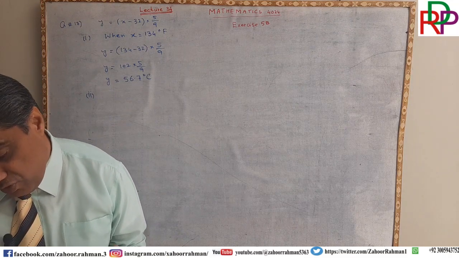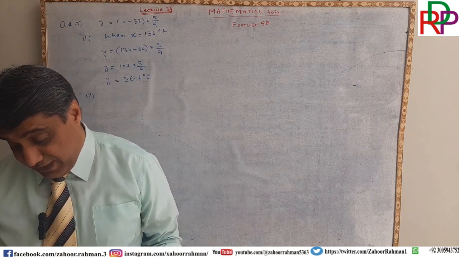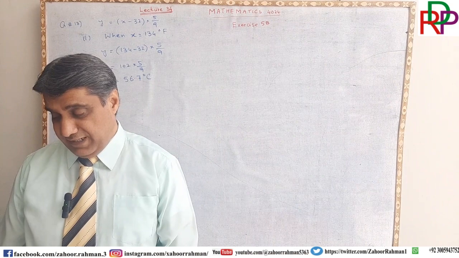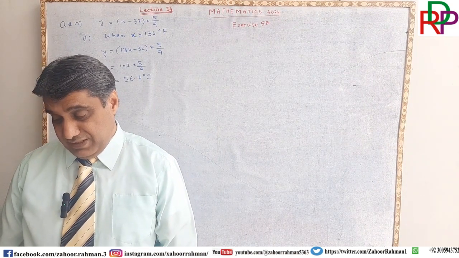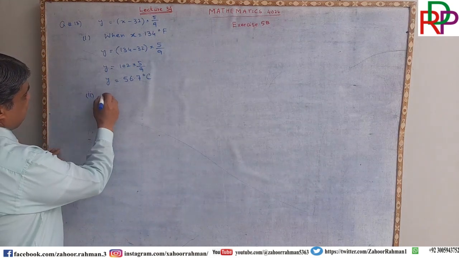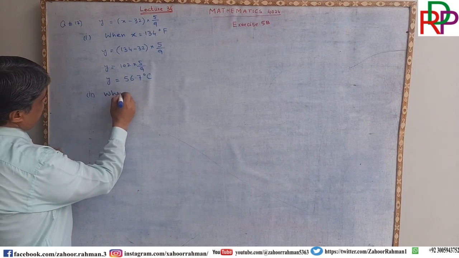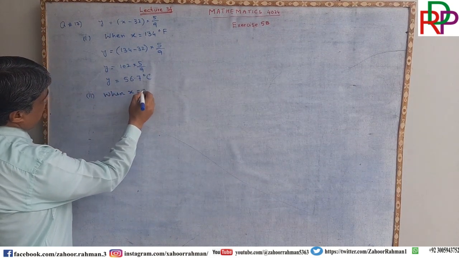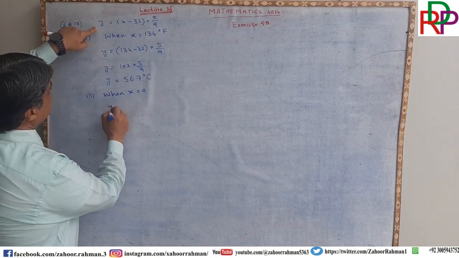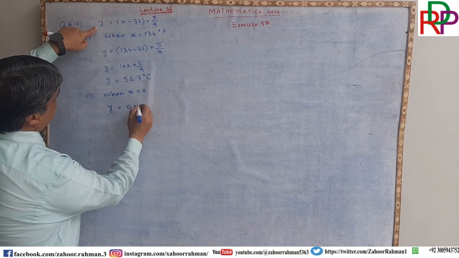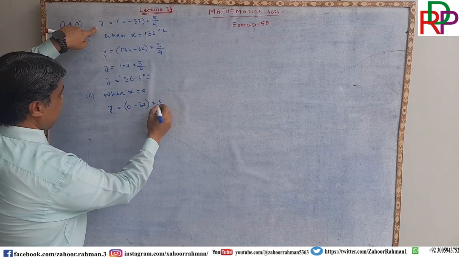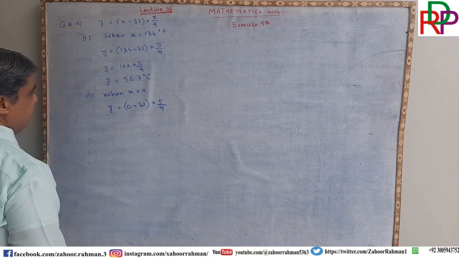Is it more or less common for the temperature to fall below 0 degrees Fahrenheit? So, let us say that when x is equal to 0, we have to put y is equal to 0 minus 32 into 5 divided by 9.